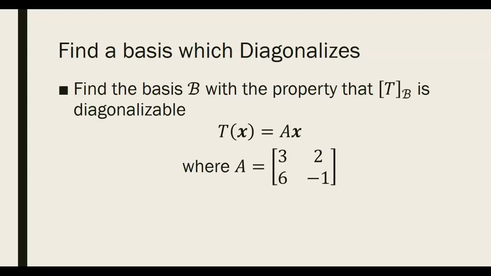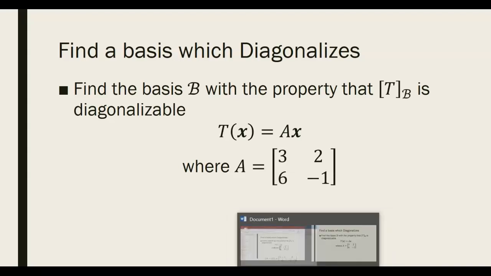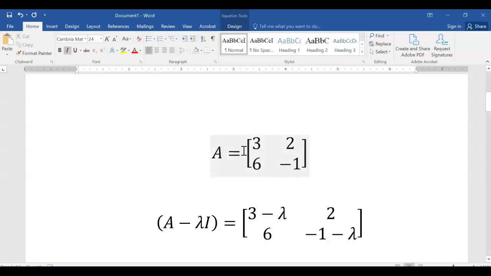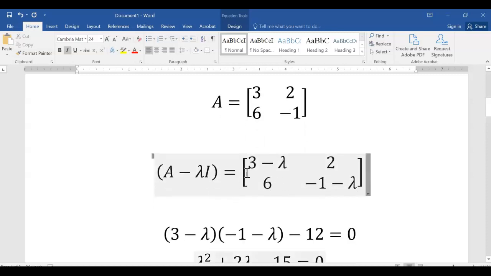All right, so hopefully you went ahead and did that. So we start with this matrix A, 3, 2, 6, -1. In order to find eigenvectors and eigenvalues, we start out with looking at A minus lambda I, so that's 3 minus lambda, 2, 6, -1 minus lambda.